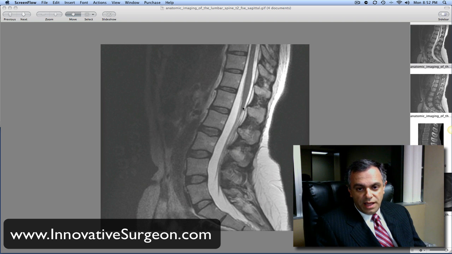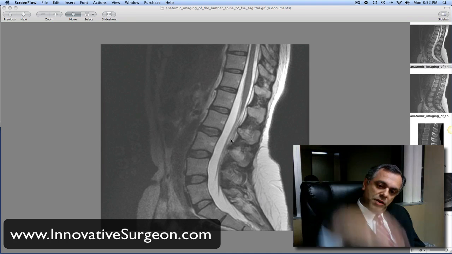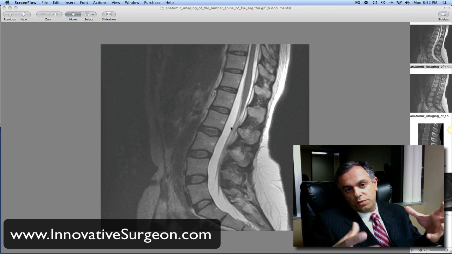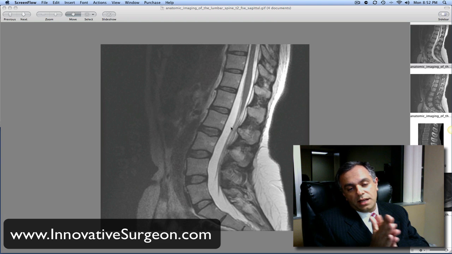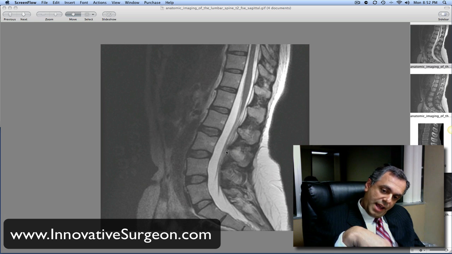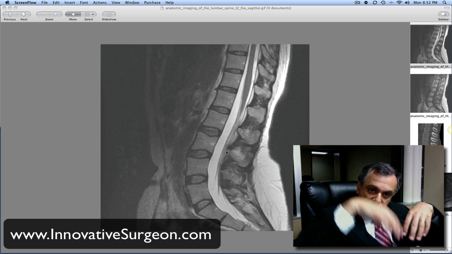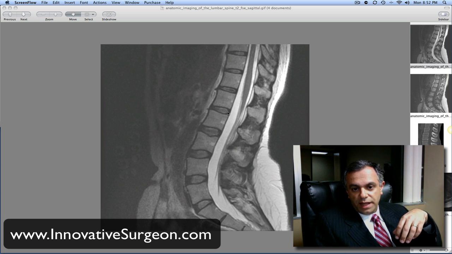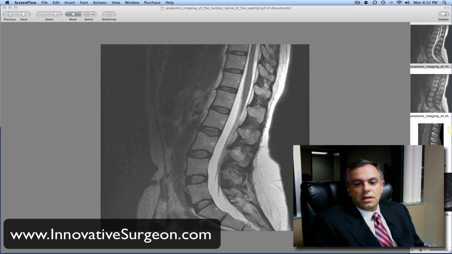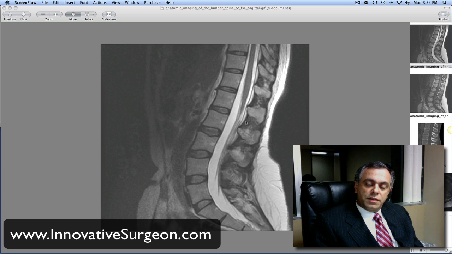The spinal cord ends here, as you can see, and then beyond that segment, you can see the nerves hanging down. And so the fluid that surrounds the nerves, it's the same fluid that surrounds the spinal cord and the brain, but this fluid now houses the nerves that kind of hang from the spinal cord, and at every single level next to the disc, a pair of them come out and go to the legs or to the other parts of the body.